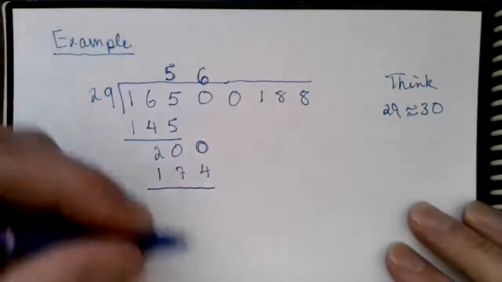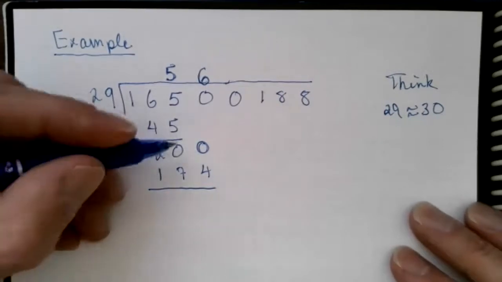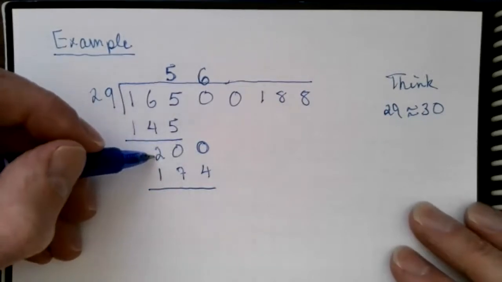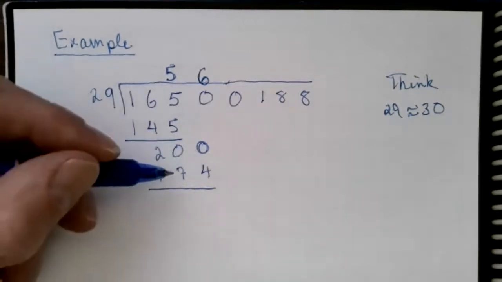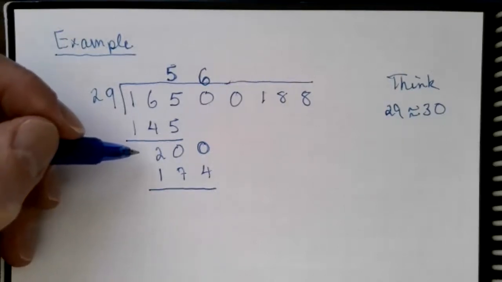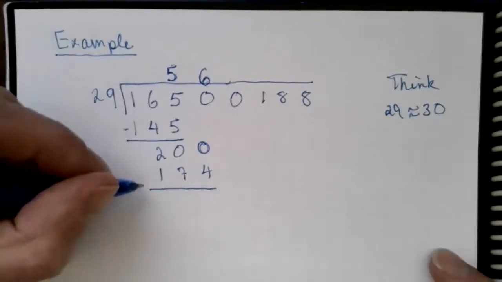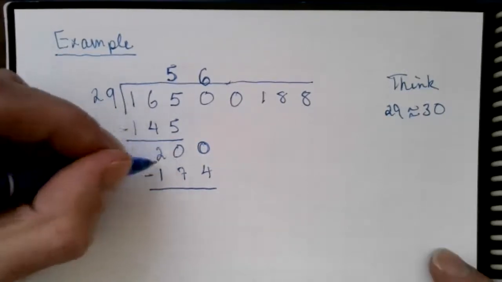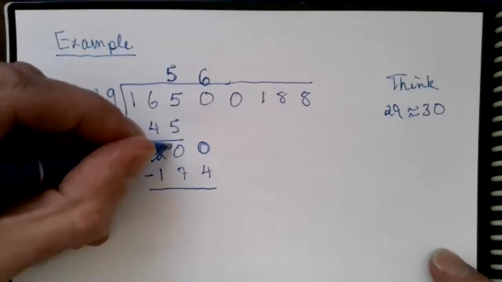Now I need to do a subtraction. We know our subtraction algorithm. What should I do? I've got 0, take away 4, can't do it. Take away 1 from the 2. We're going to have to borrow through a couple places. So that's now a 1.